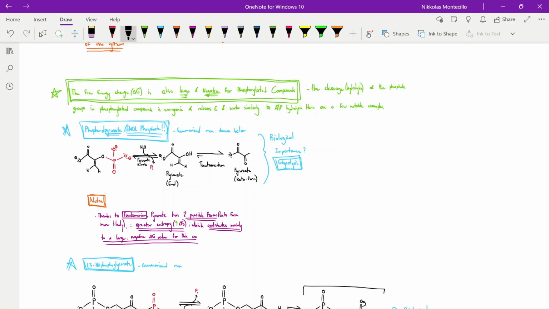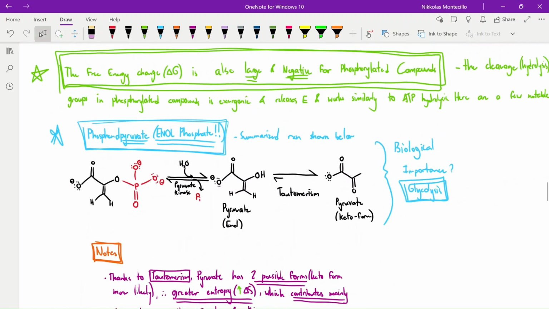So yeah, I didn't go through these reactions too much, but essentially what happens here is that there is a hydrolysis reaction, since water is inserted, right, to form pyruvate, and allows for the pushing of a leaving group, which is the inorganic phosphate. What forms is a pyruvate molecule which contains an enol, which is just a vinylic alcohol, right?